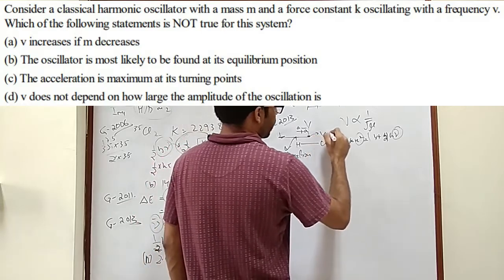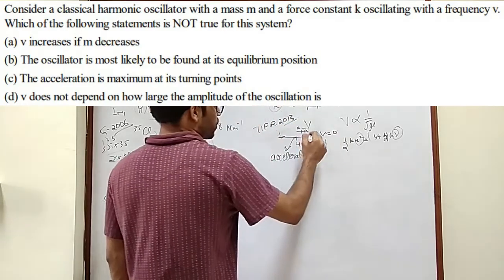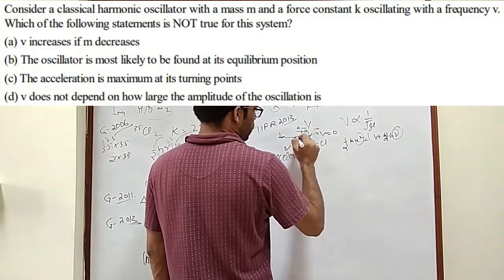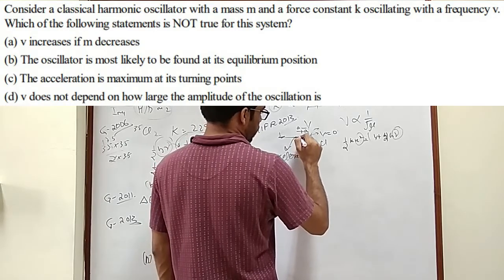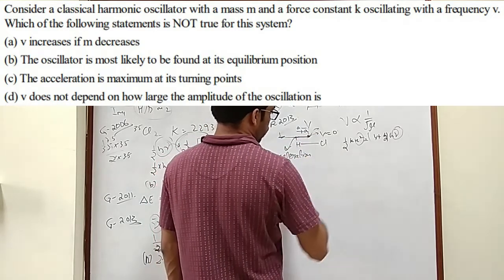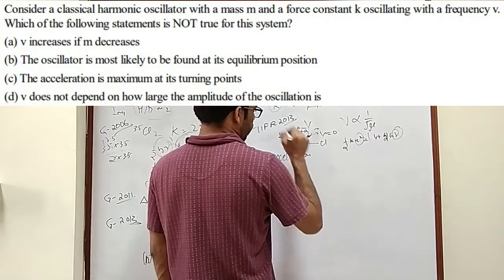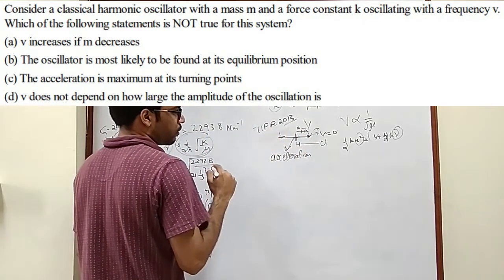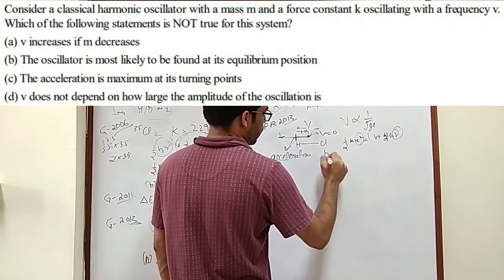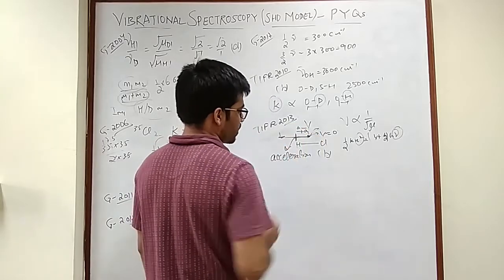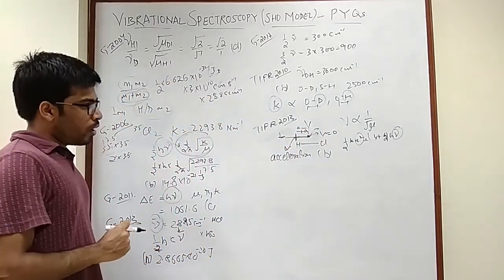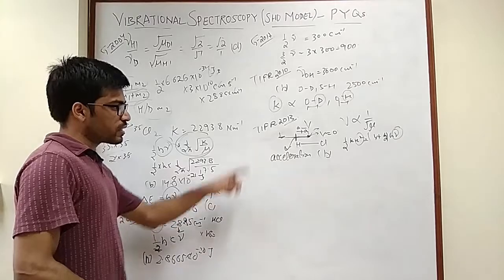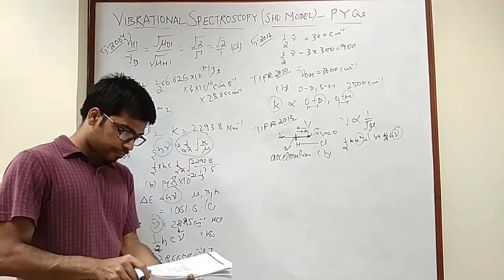The velocity here is 0. Acceleration is maximum because the velocity goes on decreasing till this point. Okay, and yeah, so statement number B is true, that acceleration is maximum at this point. Okay, maybe I'll discuss this later in more detail.